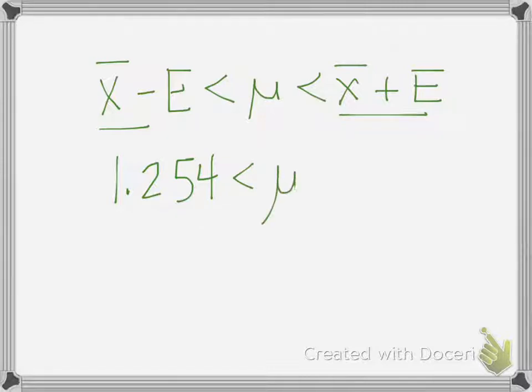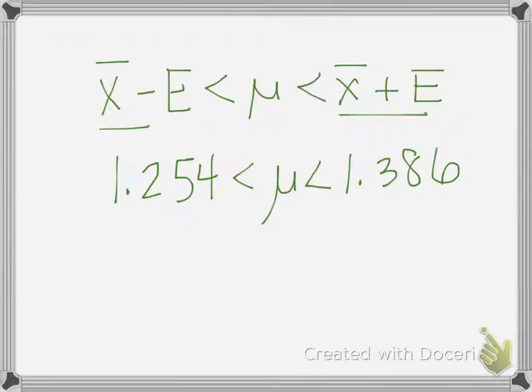I put the population mean in between, and when I added them, I have 1.386. So what this means is I am 95% confident that my population mean is between the values of 1.254 and 1.386.